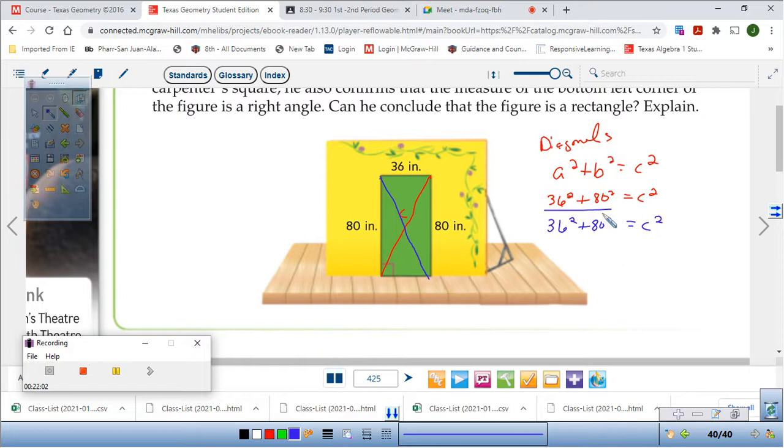If I set it up the same way, wouldn't I get the same answer? So my c's here are equal to each other. So I prove that my diagonals are congruent, my c's. So it is a rectangle.